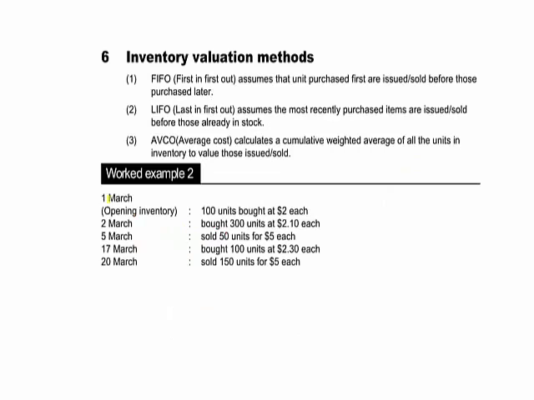The final thing we're going to be looking at here then is methods of inventory valuation. So FIFO assumes that we're using first in, first out. What that assumes is that the last units to be purchased are going to be sold last, and those that you've owned the longest are going to be sold first.